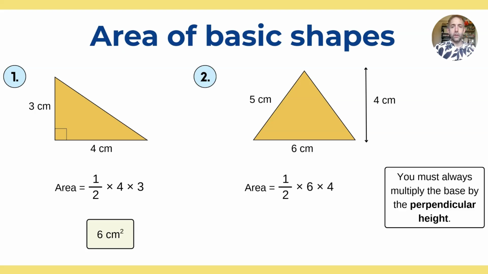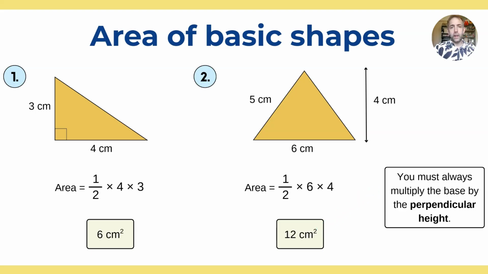Notice how we've not included the 5 anywhere. So regardless of what order you do this in, if I do 6 lots of 4, that is 24, and then half of that is 12. Or I could do a half of 6 is 3, then 3 lots of 4 is 12. So either way, I'm going to get an answer of 12 centimeters squared. Notice how it's squared again, because this is a 2D problem. We're working in the second dimension.